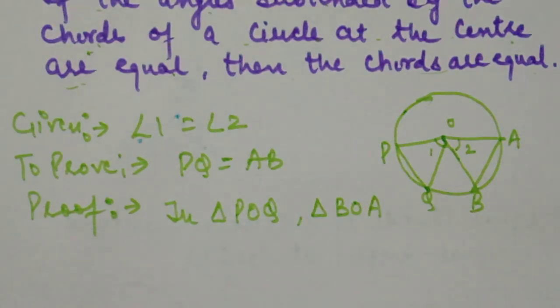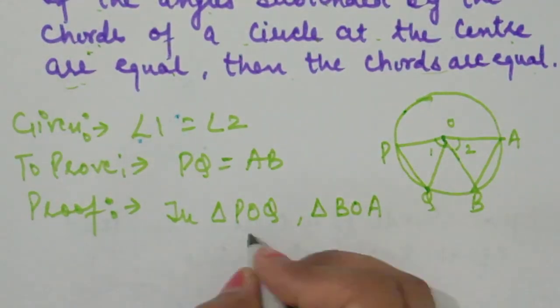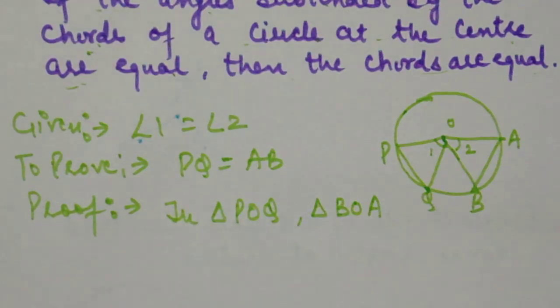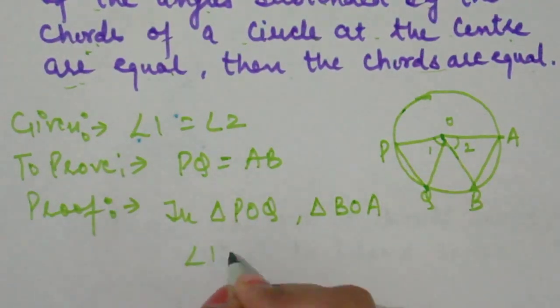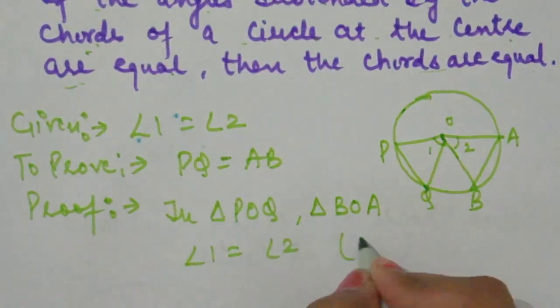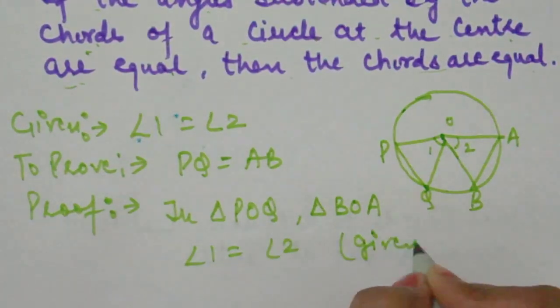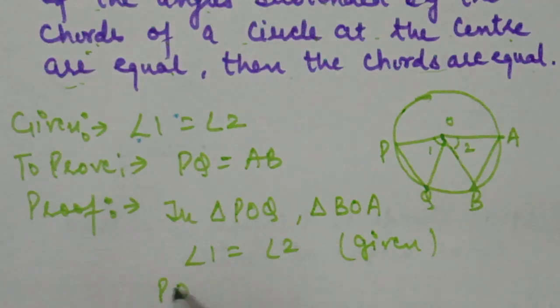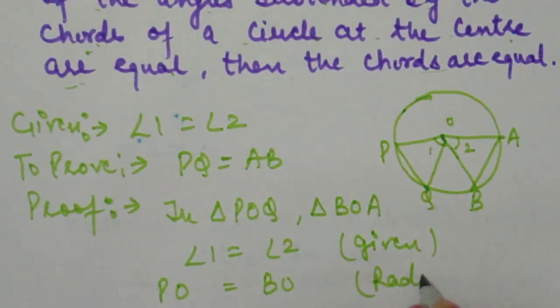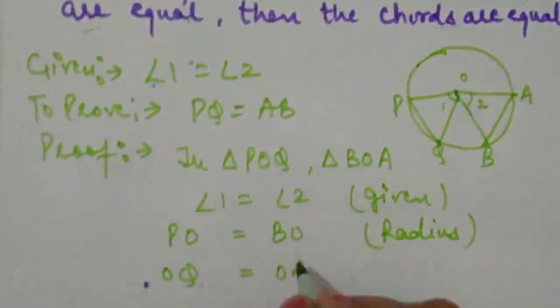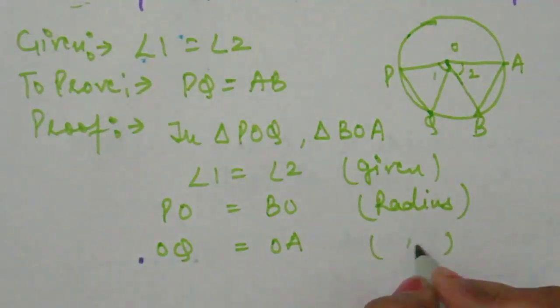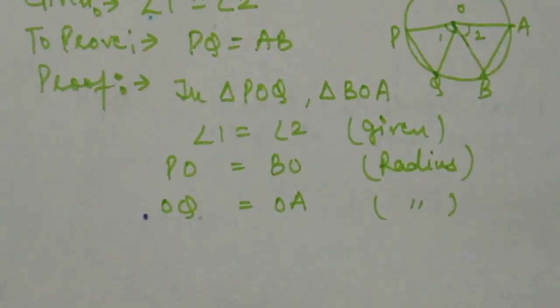In these two triangles we need congruency, so we need three elements. First of all, angle 1 is equal to angle 2. How are they equal? Given. PO is equal to BO, radius of the same circle, and OQ is equal to OA, same reason, radius of the same circle.